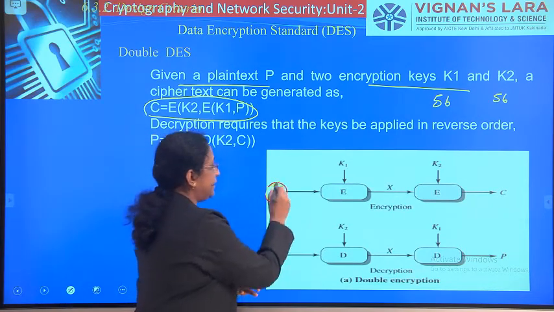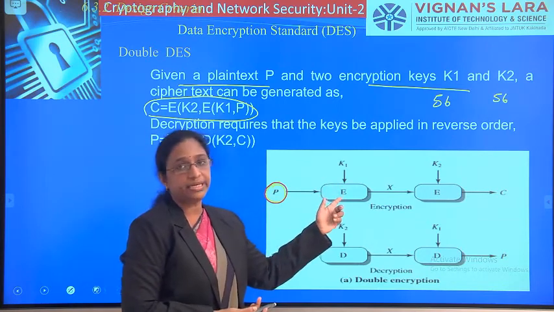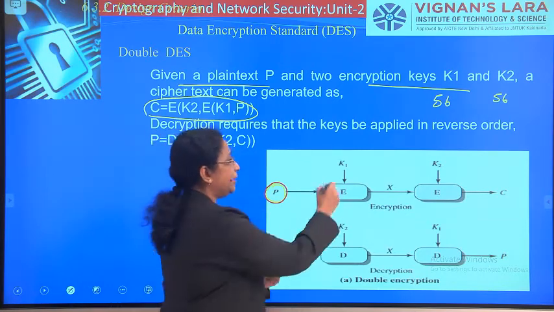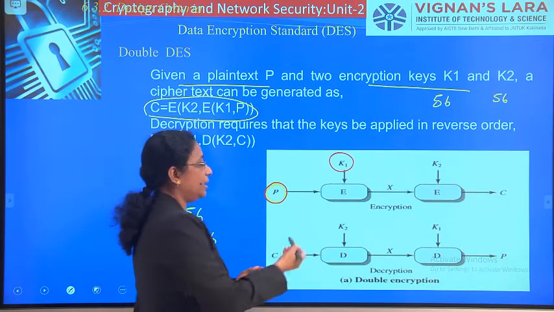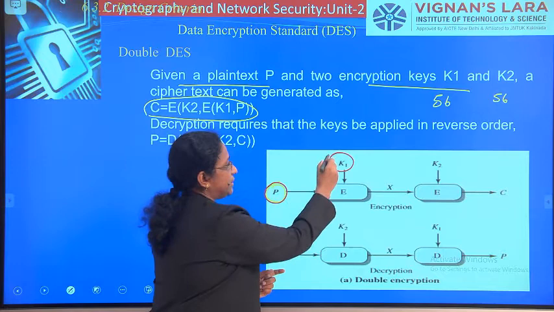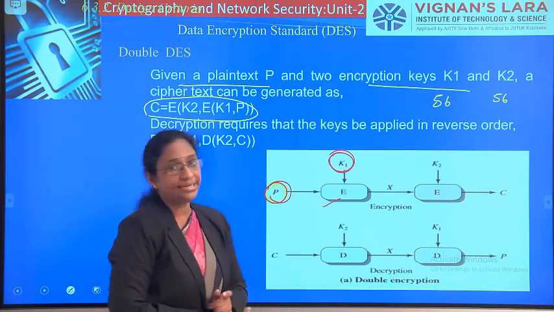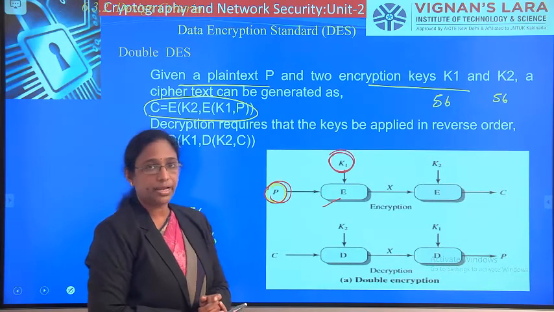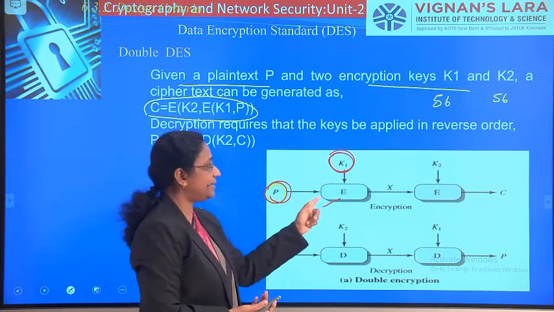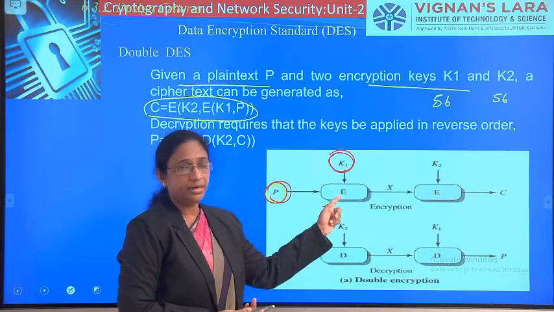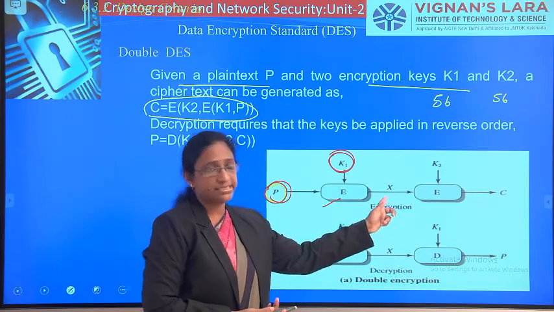This plain text is encrypted with the key K1 by using the DES encryption algorithm. So we will be getting a ciphertext, say the ciphertext is X.